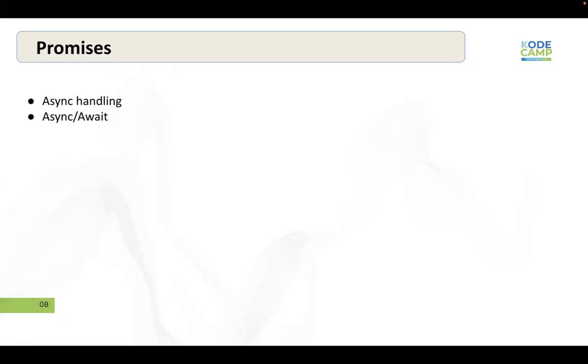Then async await was introduced in ES2017. This is no longer ES7, but ECMAScript 2017. ES6 is ECMAScript 2015, and not ES7, but we have ECMAScript 2017. So this is just syntactic sugar over promises for cleaner async code.